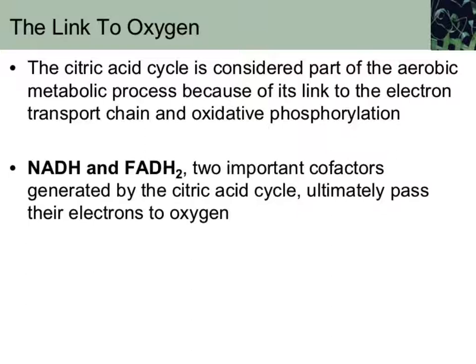So the whole point of this was to generate NADH and FADH2, which are electron carriers. When we talked about the citric acid cycle, we were calling it the aerobic respiration, and aerobic meant oxygen. Did we use oxygen at all in the citric acid cycle? So why is it the aerobic process?